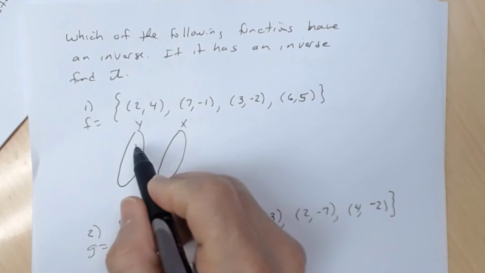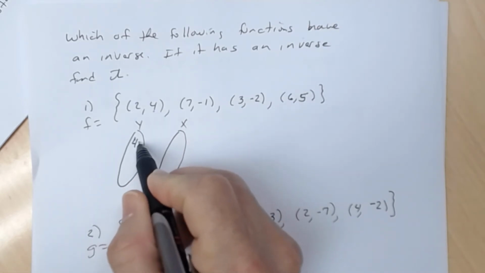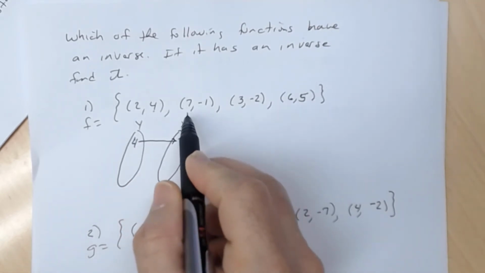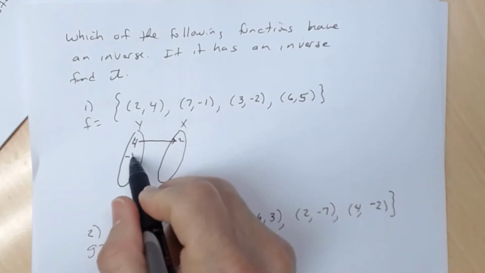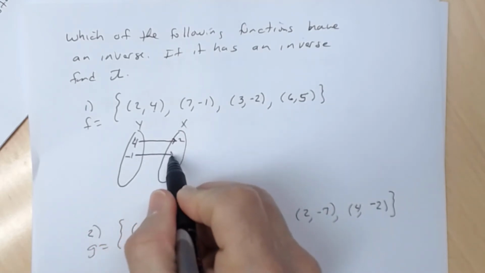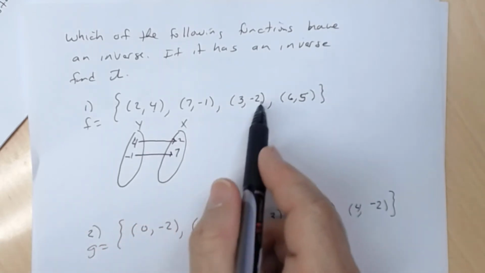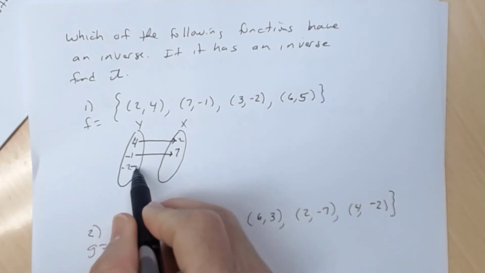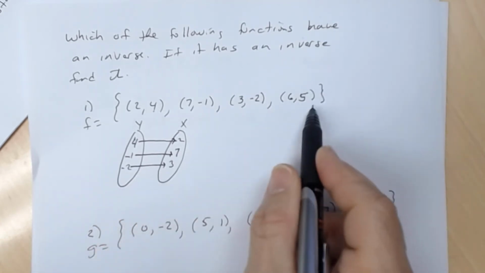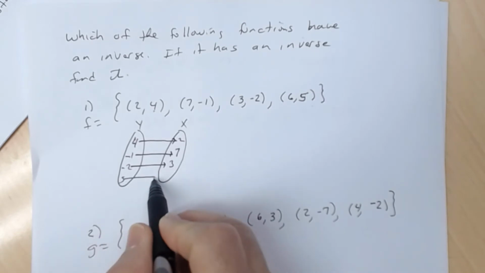All right, so when y is 4, my x value is 2. When y is -1, my x value is 7. When y is -2, my x value is 3. When y is 5, my x value is 6.